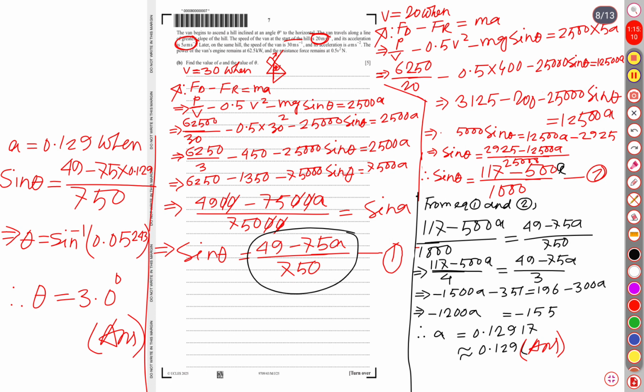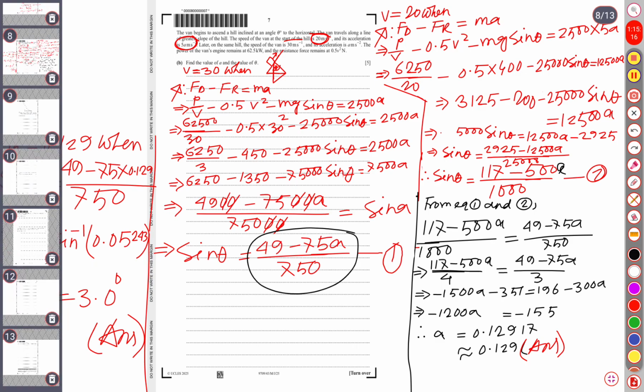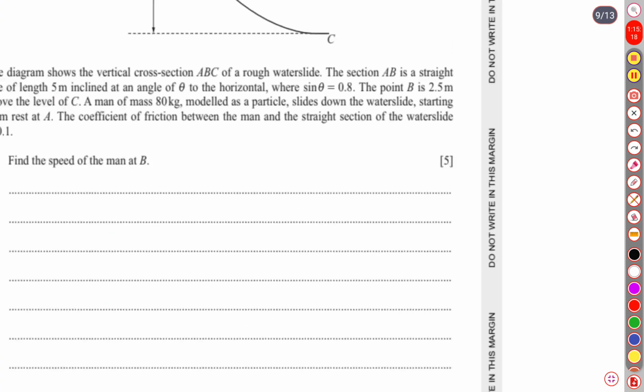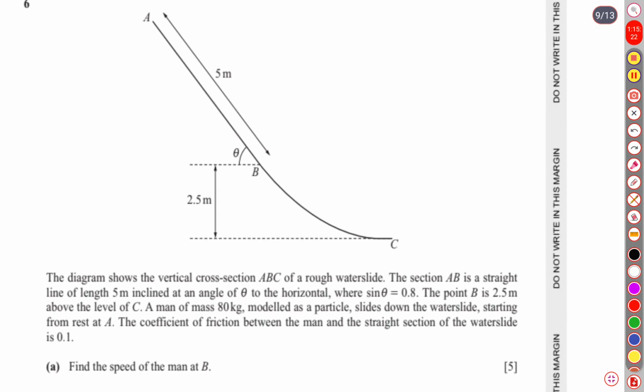Then let's see what the immediate next question says. The next question is on page number 9. It says the diagram shows the vertical cross section ABC of a rough water slide. The section AB is a straight line of length 5 meter inclined at an angle of theta to the horizontal, where sin theta is equal to 0.8.